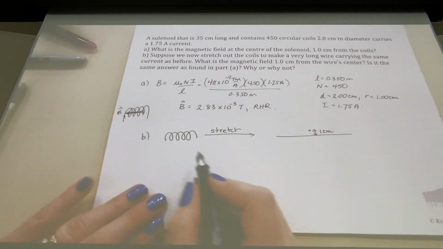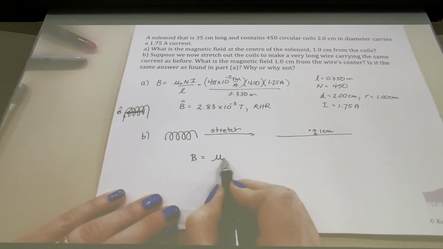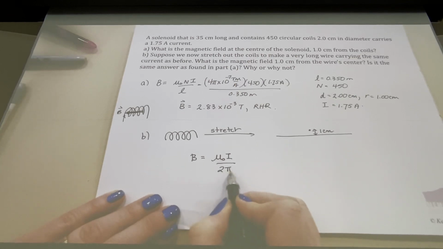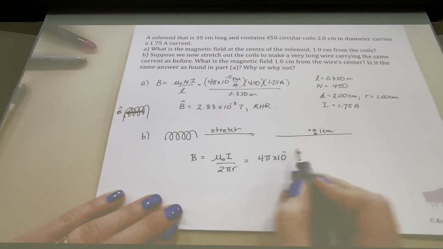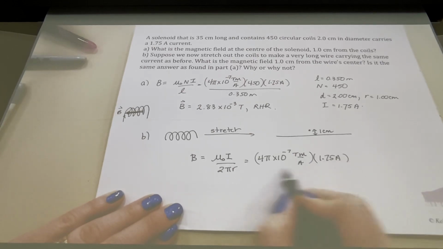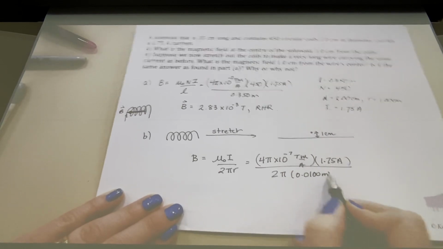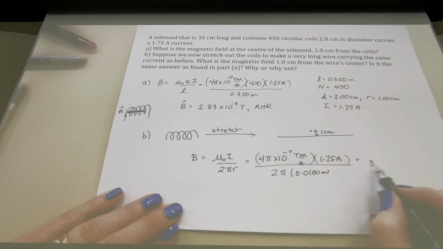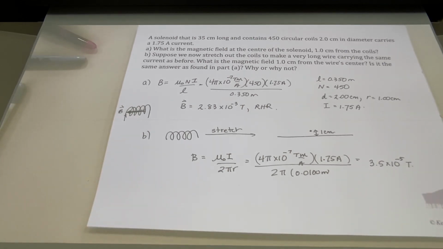This would be the case of the magnetic field around a long straight wire, mu naught times I over 2 pi r. Put our numbers in. This magnetic field turns out to be 3.5 times 10 to the minus 5 Teslas.